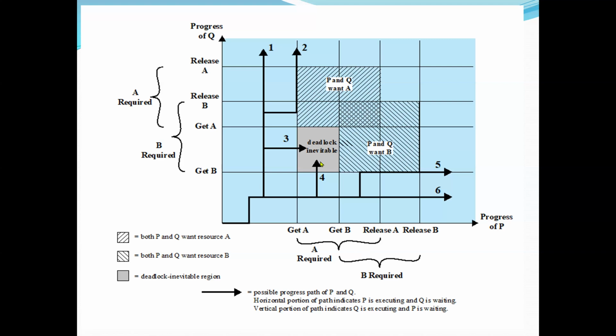Now, if P is executing with Q at the same time and they are requiring a service, there's a possibility that both, that's 3 and 4, may have a deadlock. Deadlock can occur in this area.